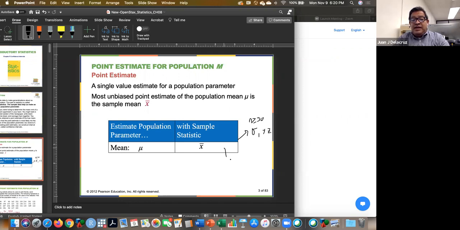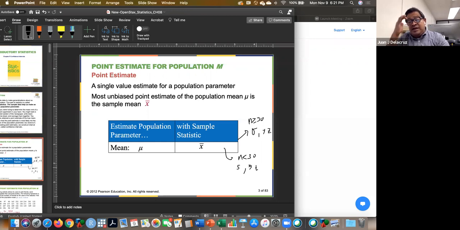So we have another case, so this is N, right? We have another case where N might be less than 30. So we don't know sigma, the only one that we have is S. So we are gonna use the T distribution, right?